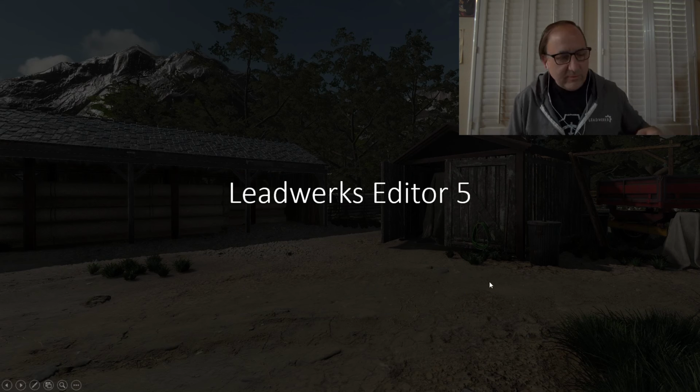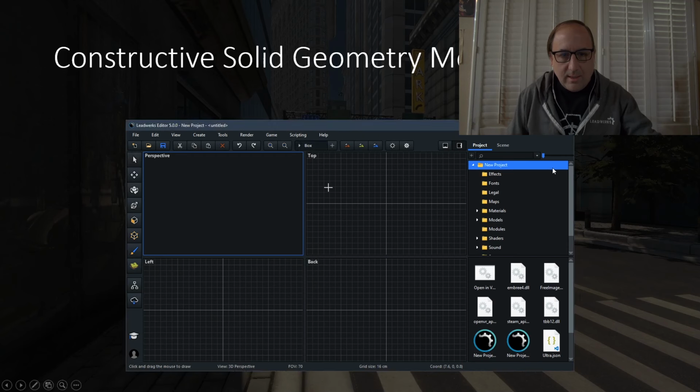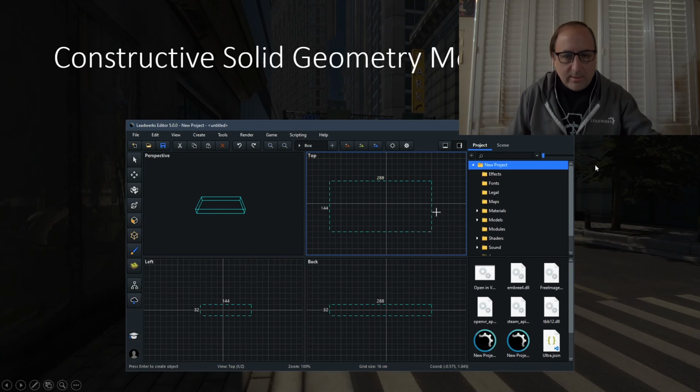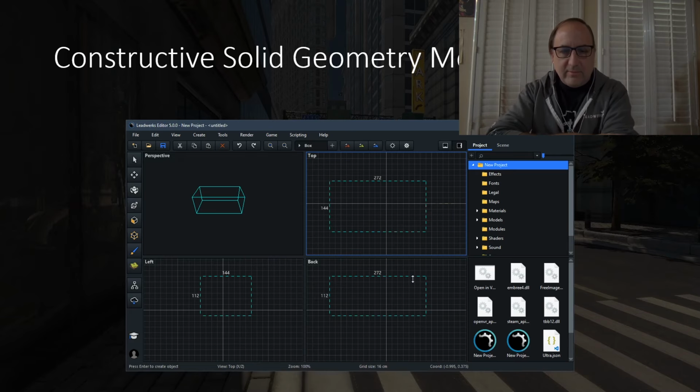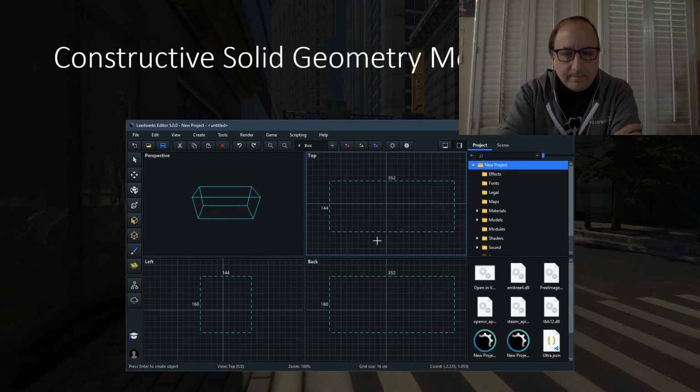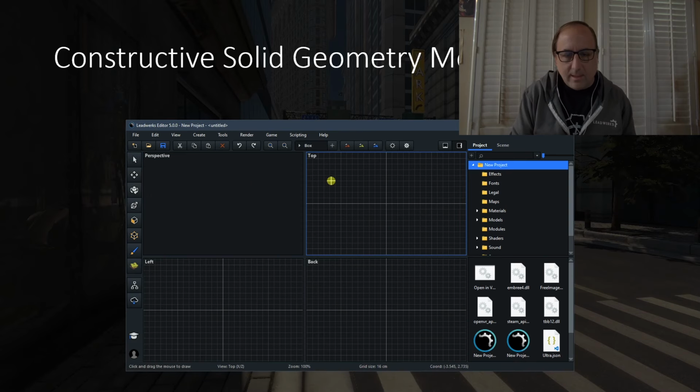I just want to review a few of the headlining features that I think really make this editor stand out. One thing we're doing that's totally unique in 2025 is the built-in level design tools. The solution of just making your level editor in Blender doesn't cut it for me.